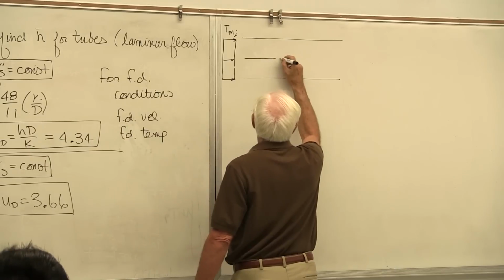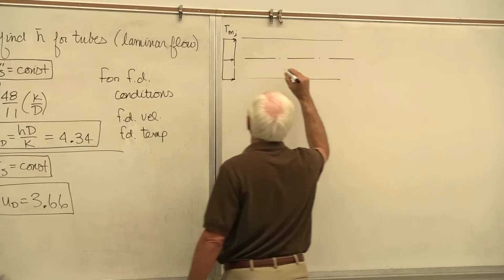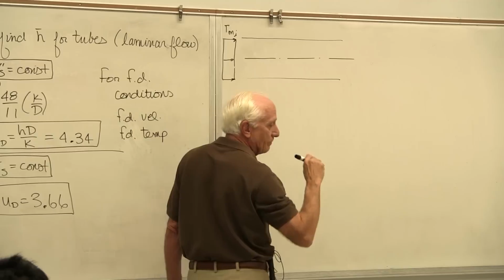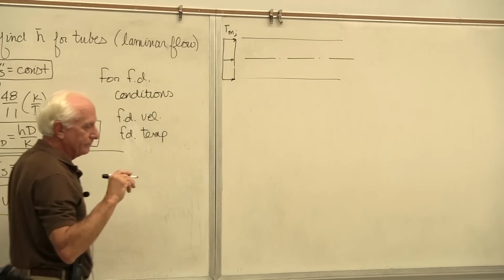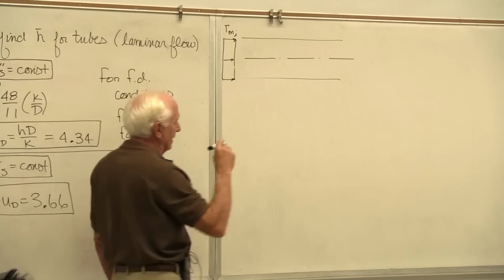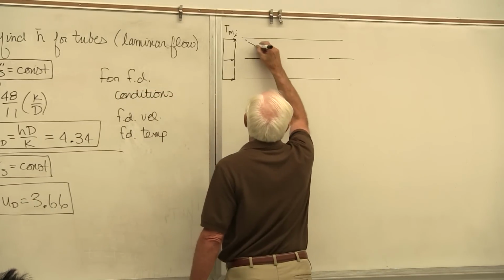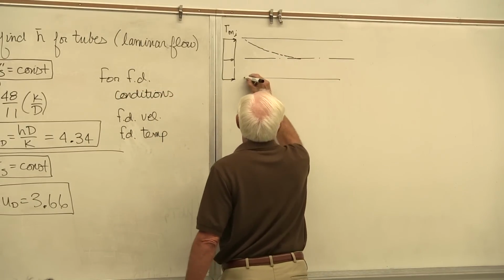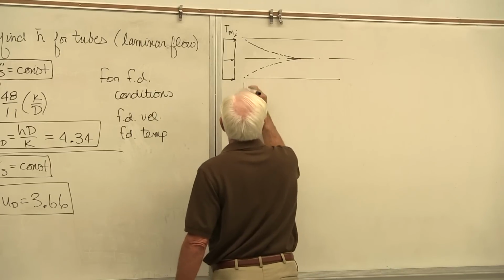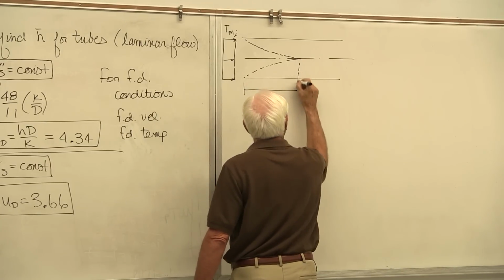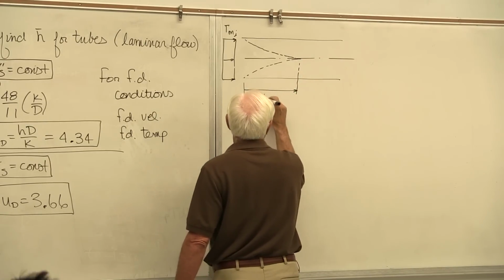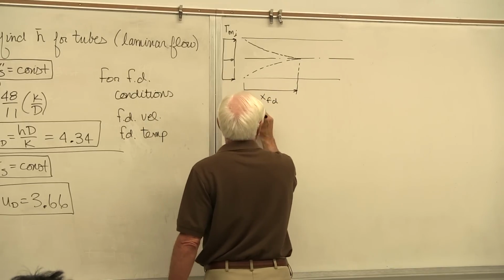As we said before, as the flow enters the tube, boundary layers develop around the perimeter of the tube. The temperature boundary layers then eventually meet at the center line. That distance is called X fully developed. That's the entrance region.